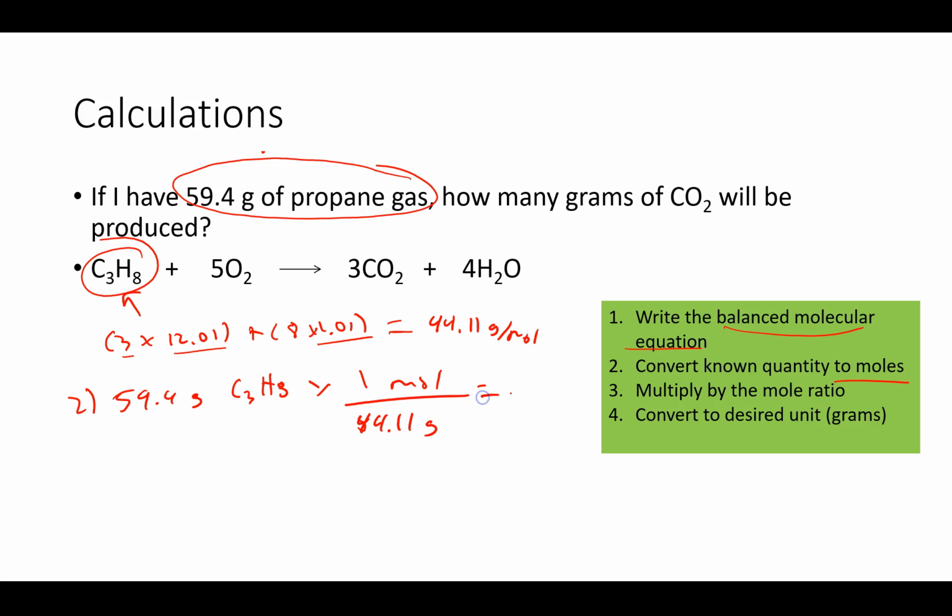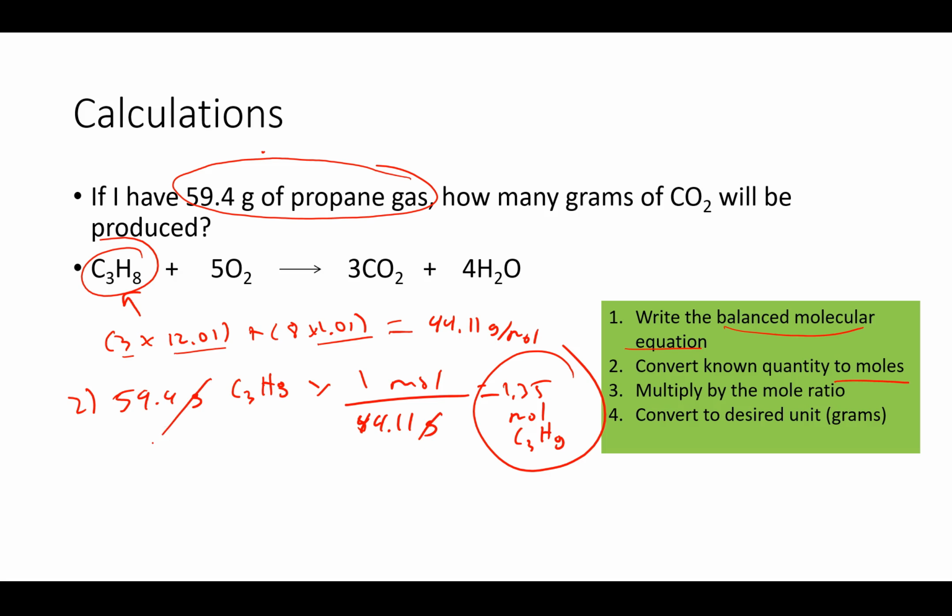And that is going to give me a quantity of 1.35 moles of propane. Now, I did that a little bit fast because how to convert to moles was last lesson, so make sure you go back to the intro to moles if you don't understand what I just did right there.